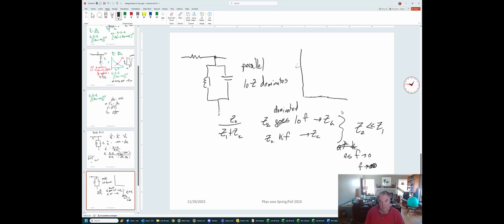So now what we expect is that log F and V out over V in. So if Z2, that means then that V out over V in goes to 0.